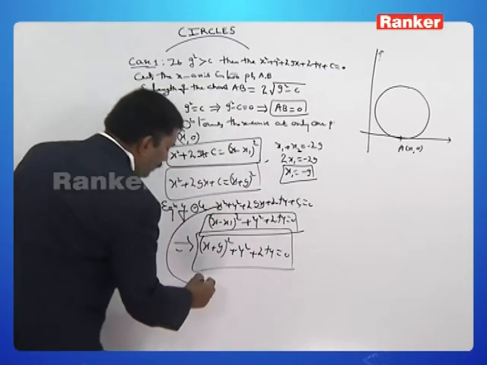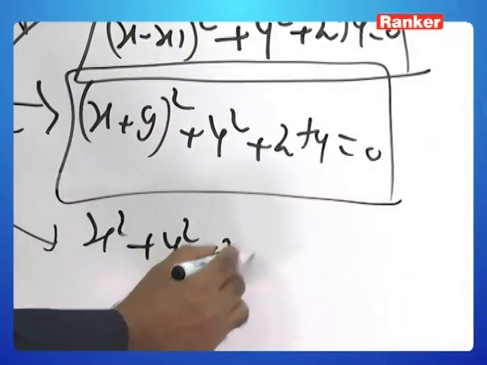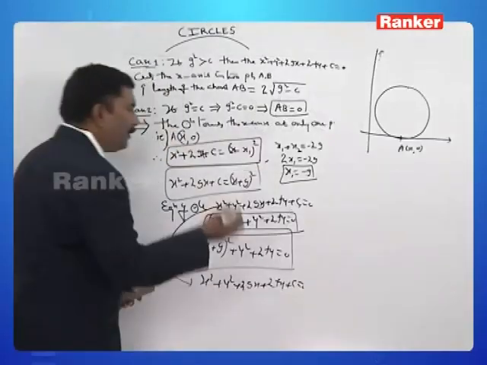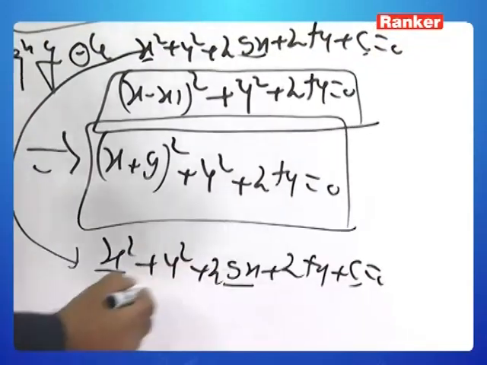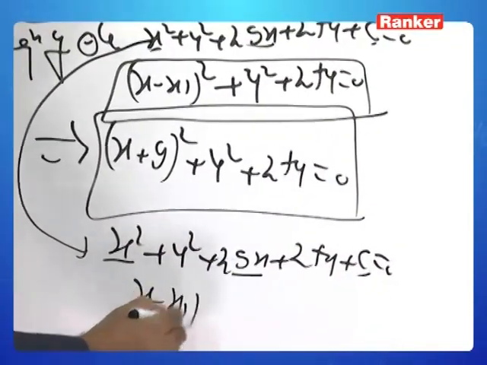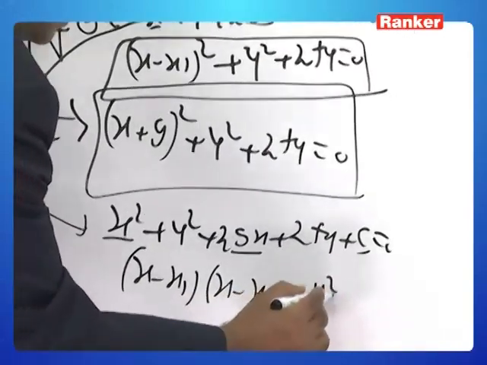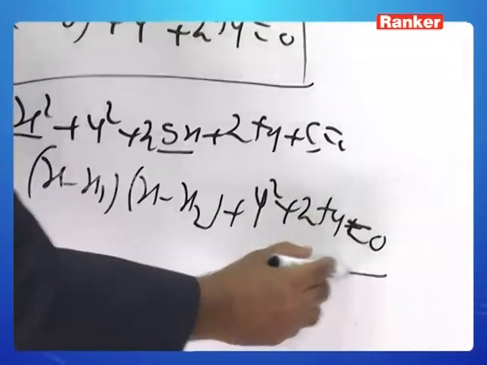Before that, we can also write x square plus y square plus 2gx plus 2fy plus c is equal to 0 in another way. In place of this, you can write x minus x1 into x minus x2 plus y square plus 2fy is equal to 0.